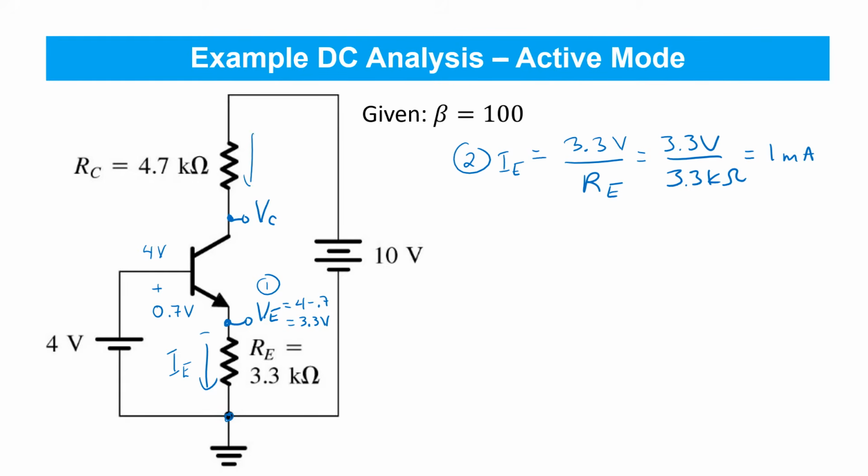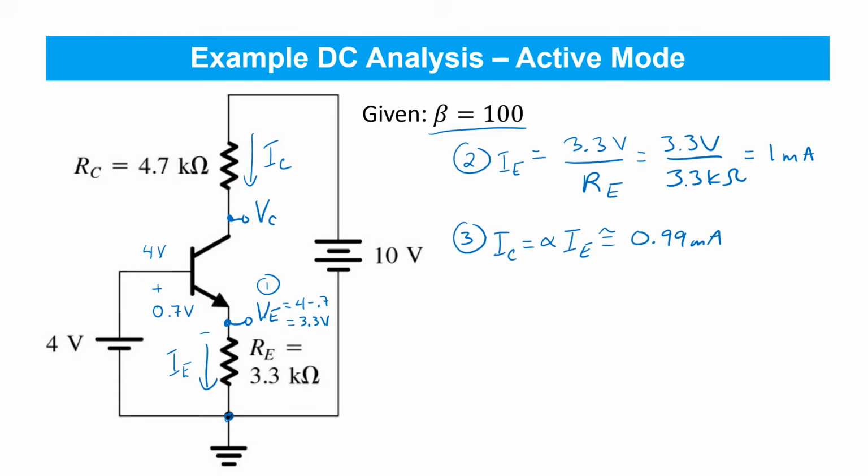Next, we can find the collector current that's flowing. And the collector current is related to the emitter current by this constant alpha, which in this case is a value very, very close to 1. Given that beta is a value of 100, it's beta over beta plus 1, so it's about 0.99. So the collector current is very close to a value of 0.99 milliamps.